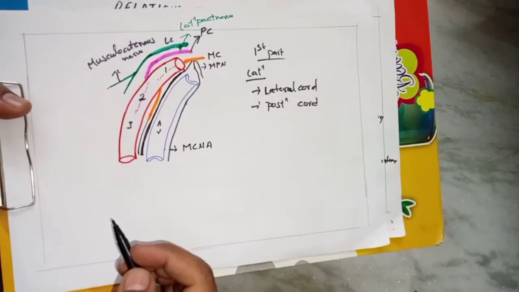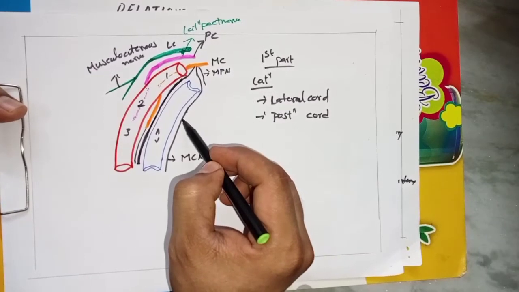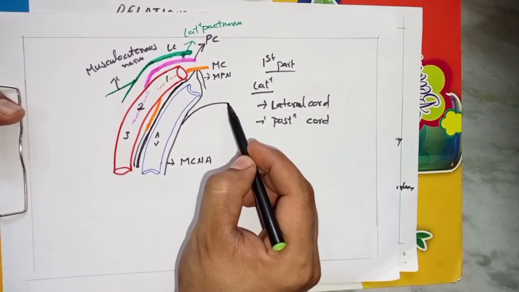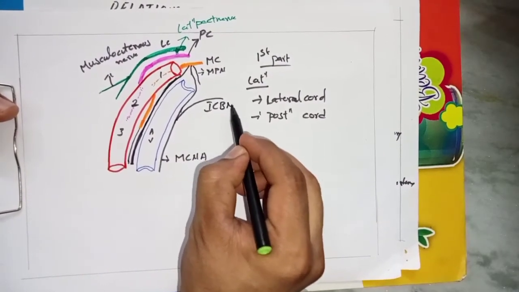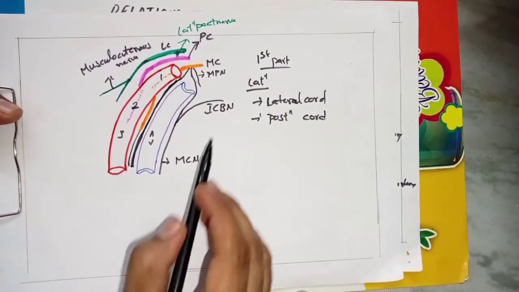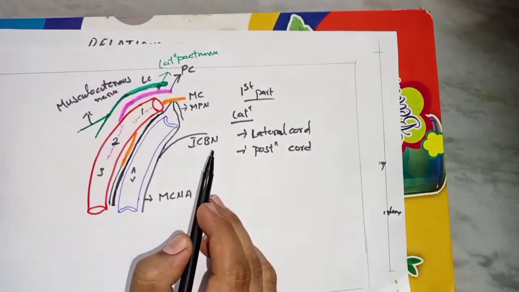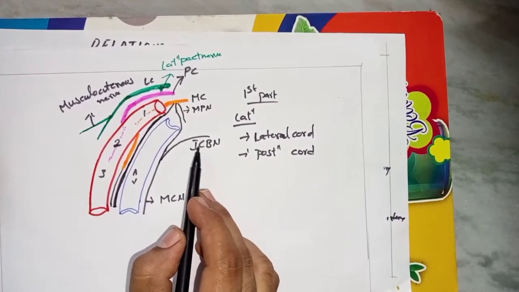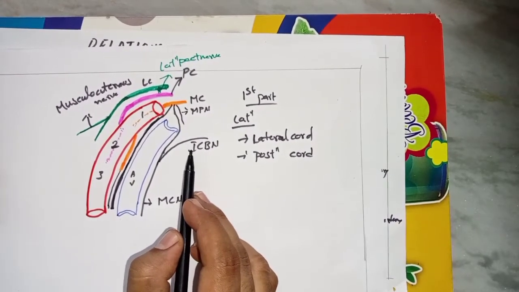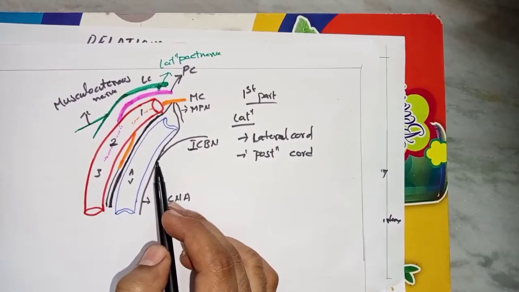So how do we identify the medial cutaneous nerve of the arm? It is going to communicate with the intercostobrachial nerve. In dissection, you can easily identify it after separating the pectoralis major and minor. From the thoracic cage, we can identify one nerve extending outwards, and it communicates with a small nerve in the arm.